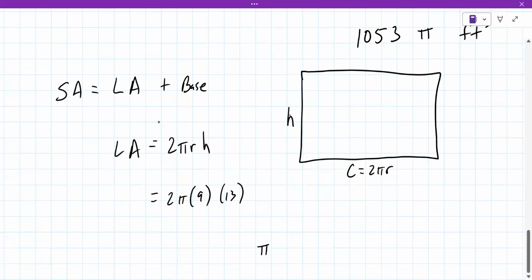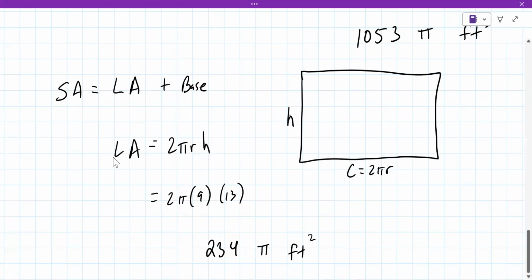Just like before, we're going to leave the pi off to the side, and you're going to multiply 2 and 9 and 13. 234 pi. This is an area. What's the unit of area? Feet squared. You got it.